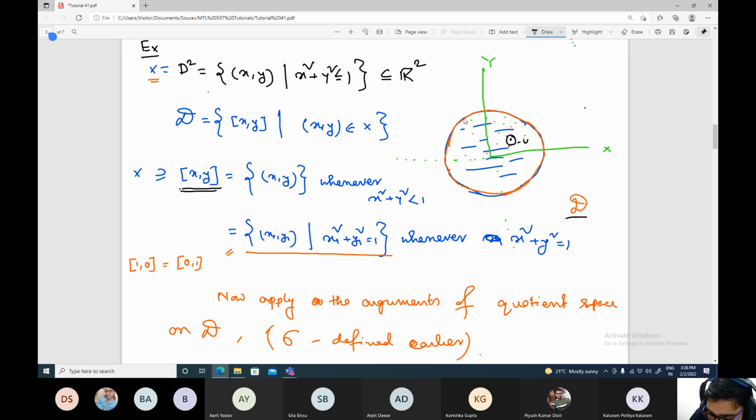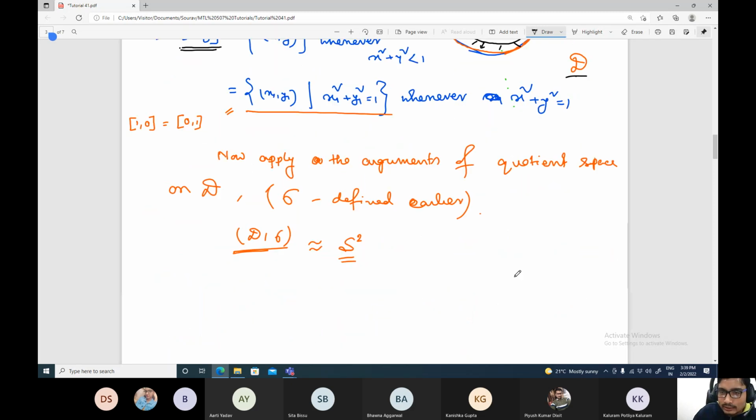Now look at the boundary point. Indeed there is no boundary point as such, but look at this class. What will be an open set containing this portion? It will be of the form, the outside portion.